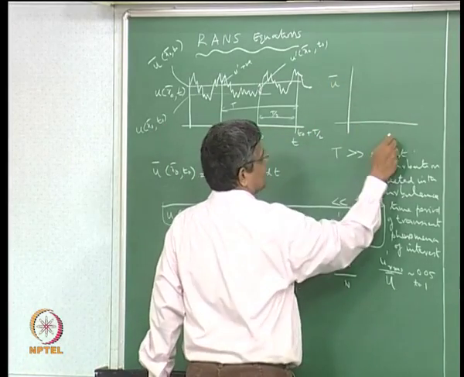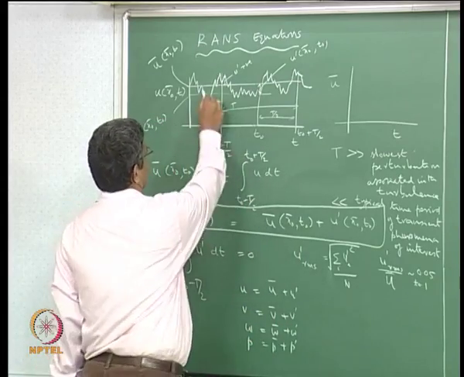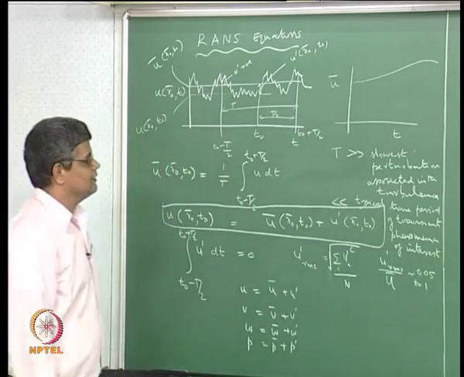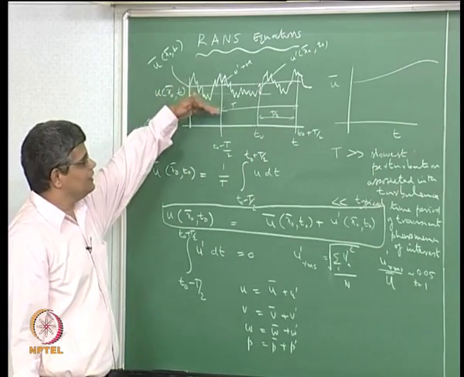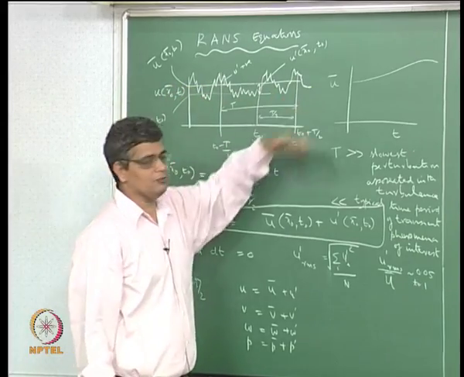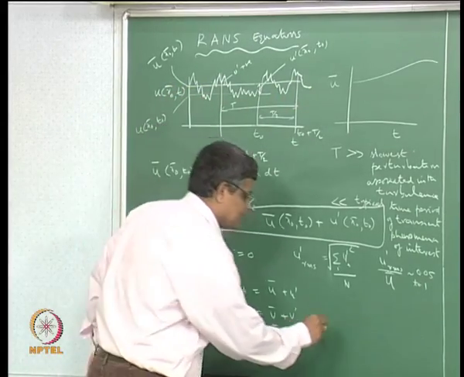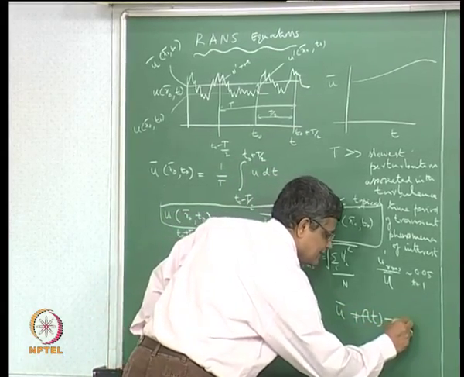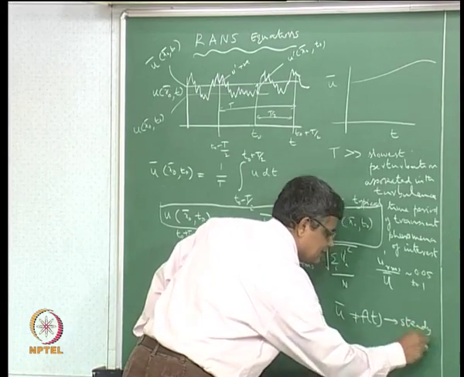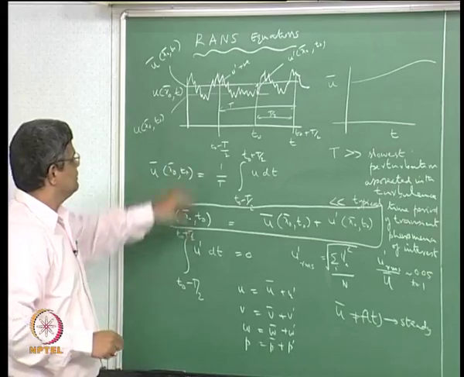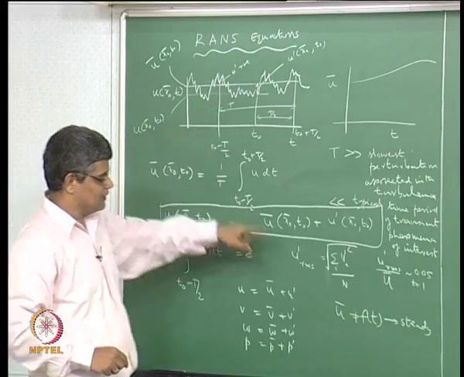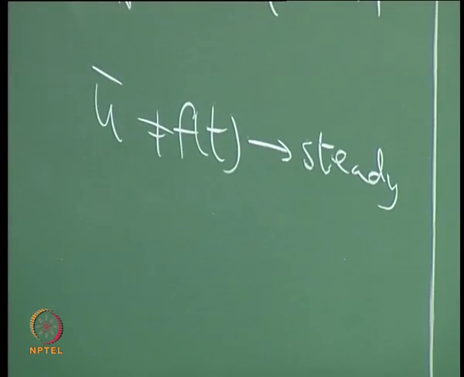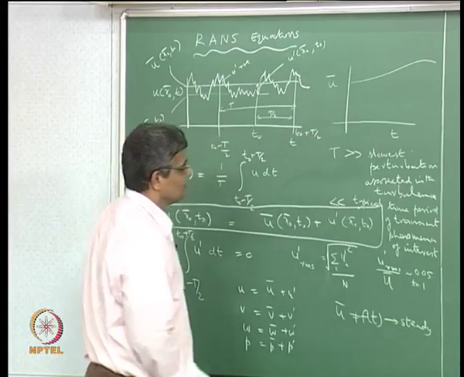If you were to plot u bar as a function of time, although it is varying like this, u bar may be varying only slowly. Okay, so the rapid variation that you are seeing here will disappear from u bar, and in the case where u bar is not a function of time, then we say it's a steady turbulent flow. It is turbulent flow, so we are expecting these kind of rapid fluctuations, but it is also steady flow because your average quantity is not a function of time, so it's steady turbulent flow.